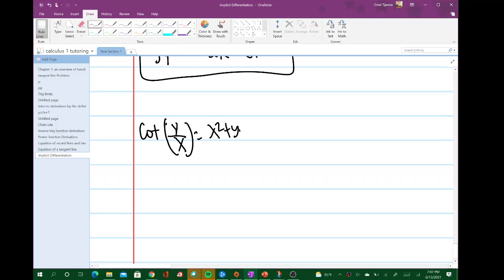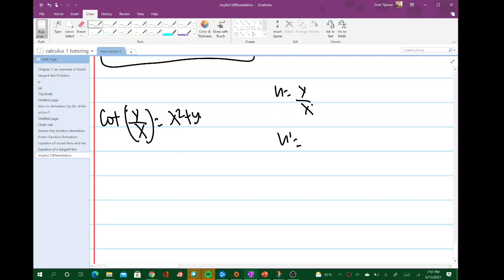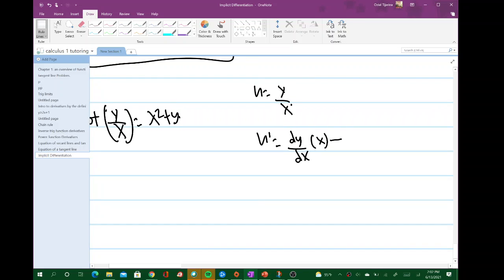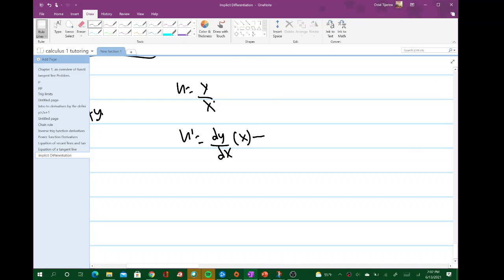For this one, you're gonna set u equal to y over x. Now, u prime is gonna be dy dx times x minus, using the quotient rule, 1 times y over x squared.